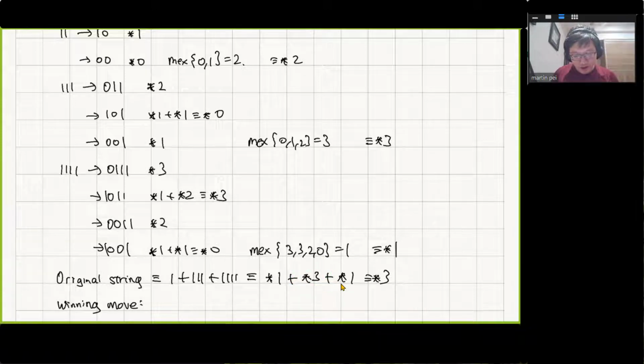So then you look at star 3, the 1, 1, 1, and try to move to star 0. You move to 1, 0, 1. So the winning move is to change the 1, 1, 1 to 1, 0, 1 in the original string. And that is how you find the numbers and the winning moves for this game.